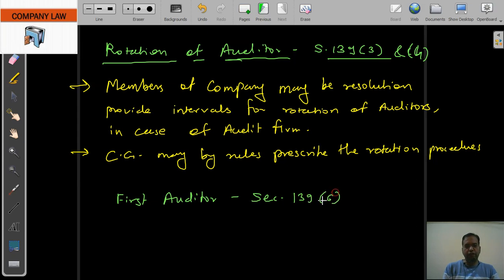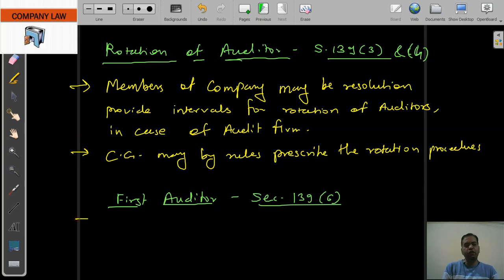Section 139(6) says that, notwithstanding anything contained, the first auditor of a company other than a government company shall be appointed by the board of directors within 30 days. The auditors appointed by the board will hold office till the conclusion of the first AGM.